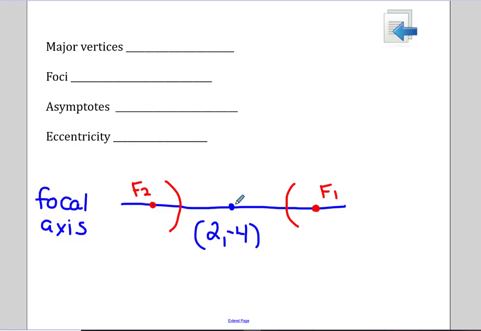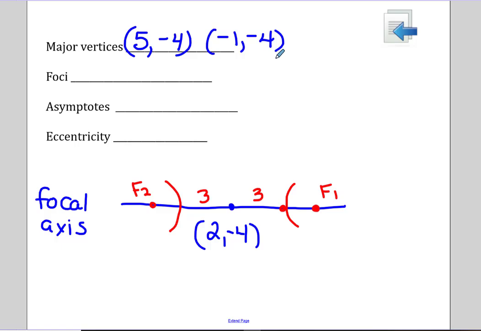If this is the center, and the a value was 3 away, what's moving? That's going to move the x, right? So 2 plus 3 gives me a major vertex at 5, -4. So the y is being held constant here. And 2 minus 3 gives us an x value of -1, holding that constant y value.